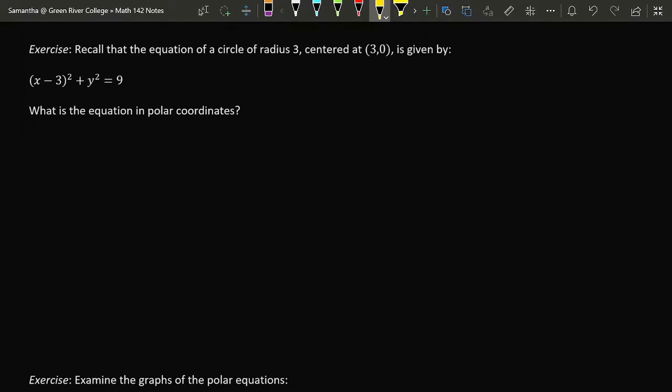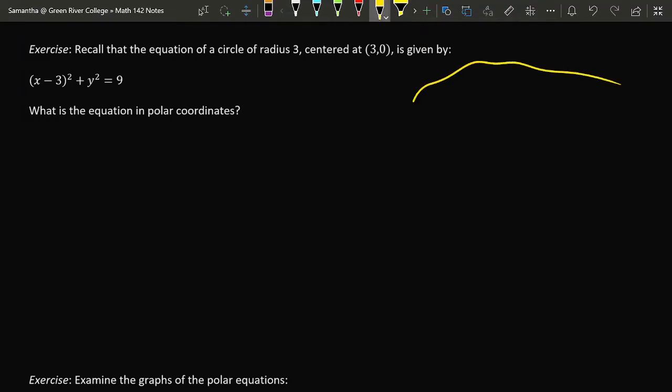X take away 3, to represent the 3 in the center, quantity squared, plus y take away nothing, because we have a 0 for y in the center, equals 9.